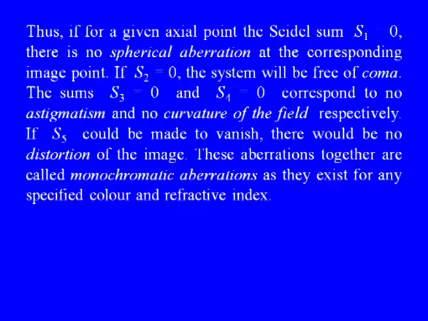If S5 could be made to vanish, there would be no distortion of the image. These aberrations together are called monochromatic aberrations, as they exist for any specified color, for any refractive index.